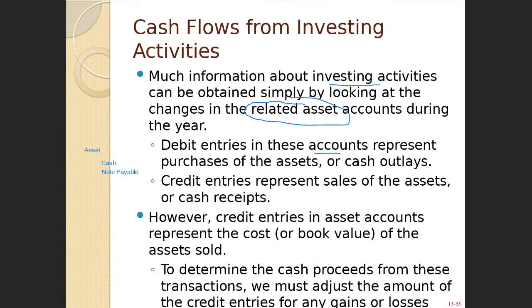Typically cash is going to be debited, right? And then the related asset account is going to be credited. But remember, when an asset is sold, you're always going to credit what the book value was. So you have to pay particular attention to the additional information section when you're trying to figure out what the cash proceeds were with regard to the sale of an asset.